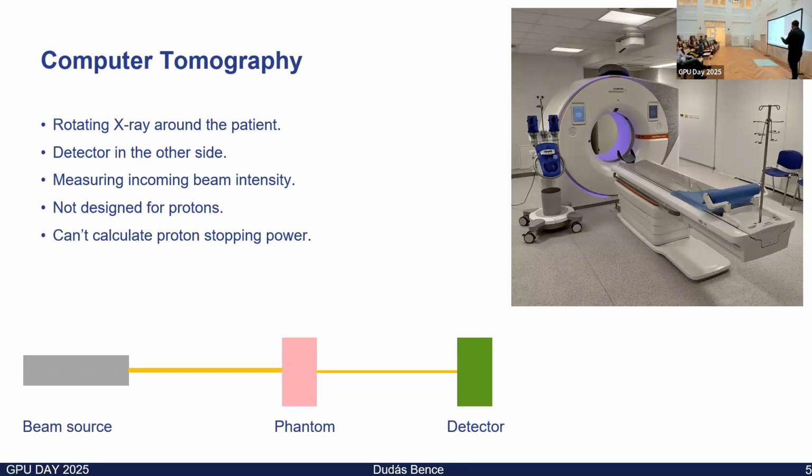So what we can do is check how much the intensity of the original beam changed, and based on that we have information on how dense the phantom is between the detector and the beam source.